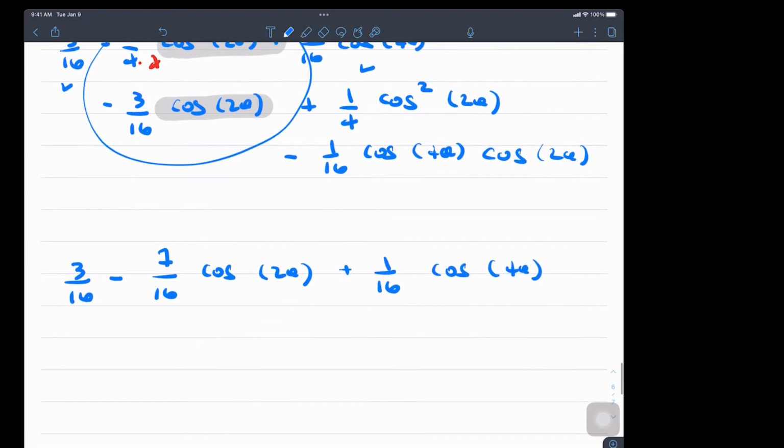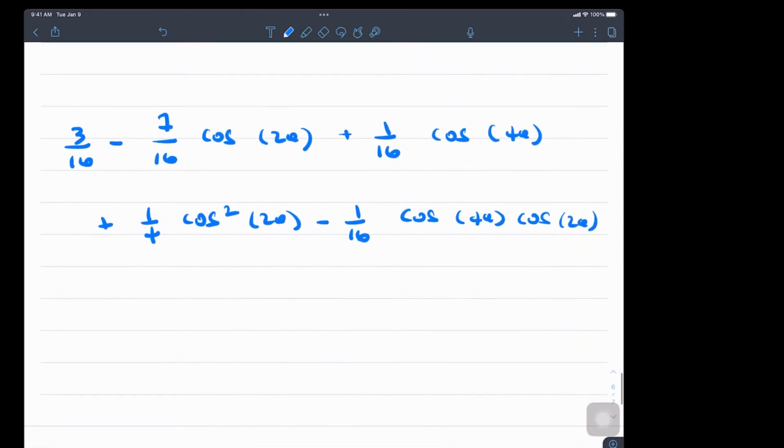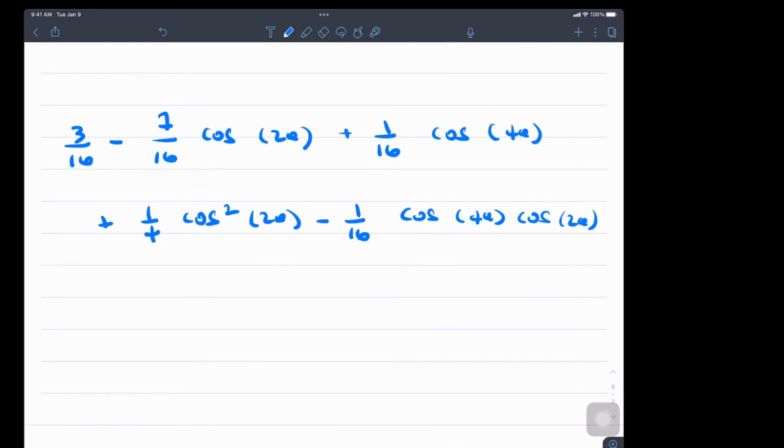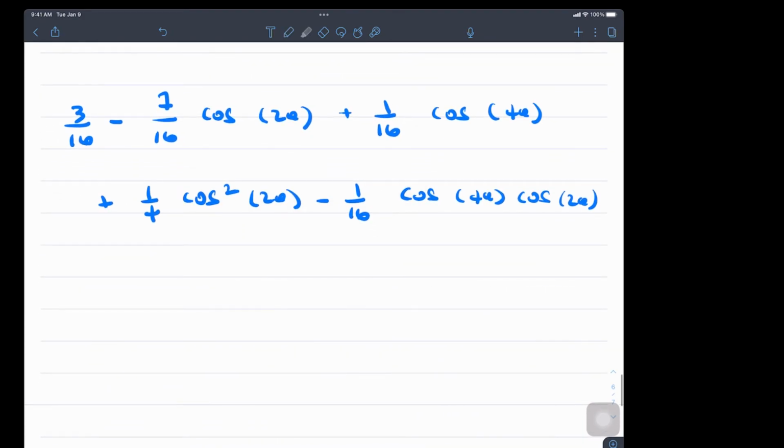So what you're now left with to deal with is this. 1/4 cosine squared 2 theta minus 1/16. We're going to write down this over here. Okay. Cosine 4 theta, cosine of what? 2 theta. So I'm just bringing down the other terms here. Okay, you guys okay with that? Now I'm going to say this to you. What do you guys do with cosine squared 2 theta now? Right?